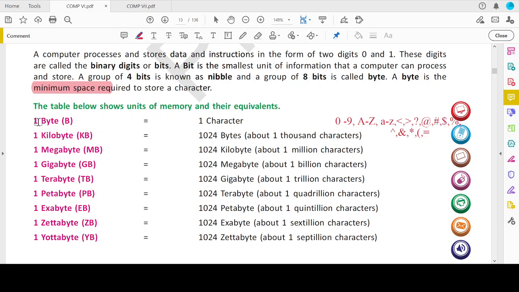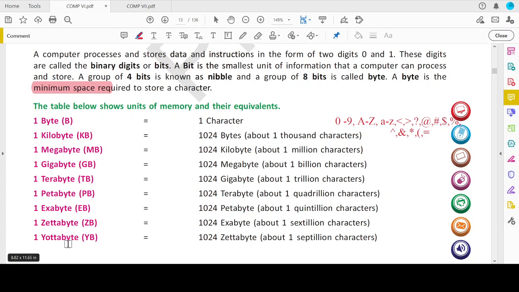When you come to kilobyte from byte, you multiply bytes by 1024, you get a kilobyte. You multiply 1024 with a kilobyte, you get 1 megabyte. You multiply 1024 with megabyte, you get gigabyte.